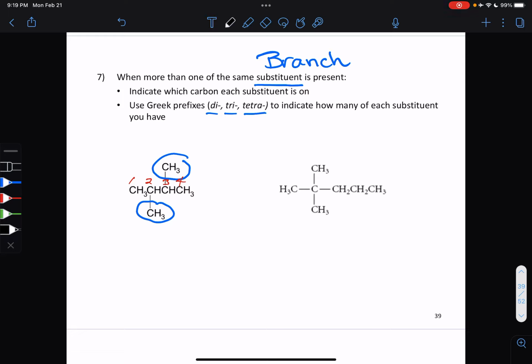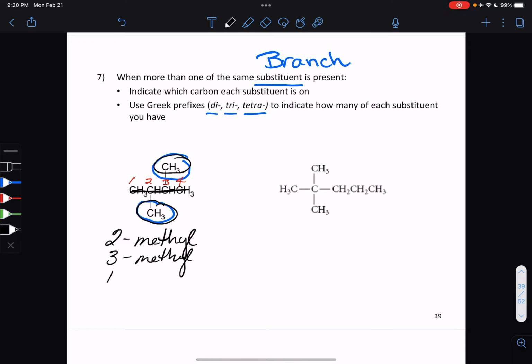Now, if we go left to right here, we're going to have a 2-methyl, because we have a methyl group hanging off of the second carbon of the parent chain here. So that's the parent chain. And we're also going to have a 3-methyl because we have a methyl hanging off the third carbon of our 4-carbon chain. Now the parent, we already said it, it's a 4-carbon chain, and that would be what?